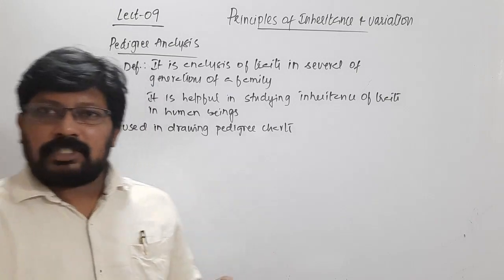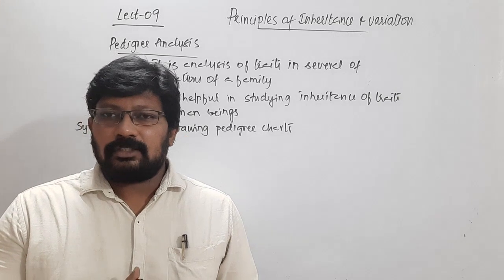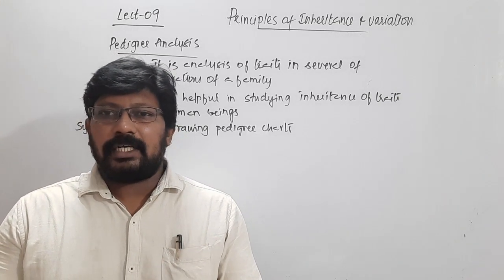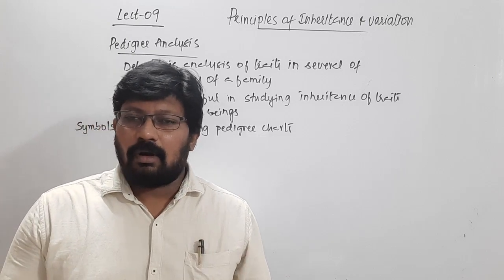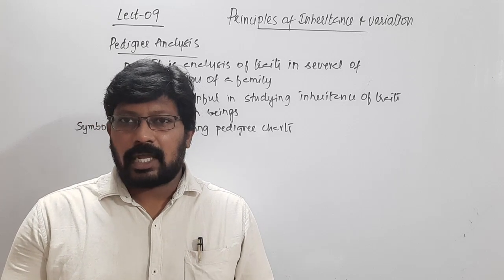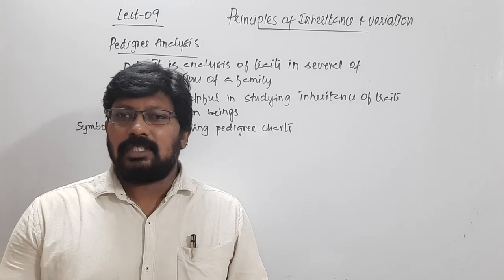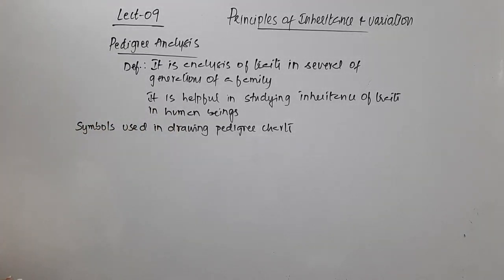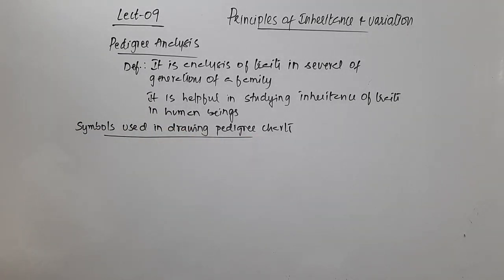Pedigree analysis is useful in studying the inheritance of a particular trait: whether it is dominant or recessive, whether it is present on an autosome or on an allosome. All these we can come to know by drawing pedigree charts. So we'll see first the symbols that are used.